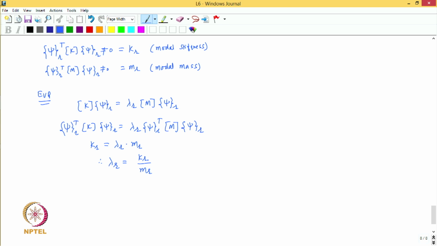Because the rth natural frequency omega n r is equal to the square root of the rth eigenvalue, we get omega n r is equal to the square root of k r upon m r. This is a very important result: the modal mass and modal stiffness are related through the eigenvalue.